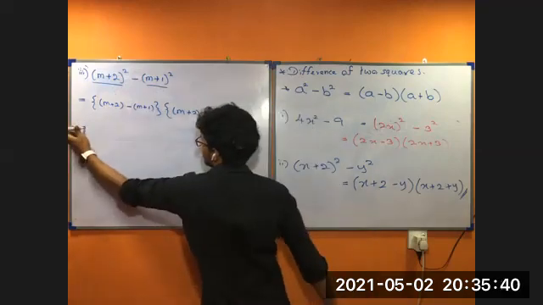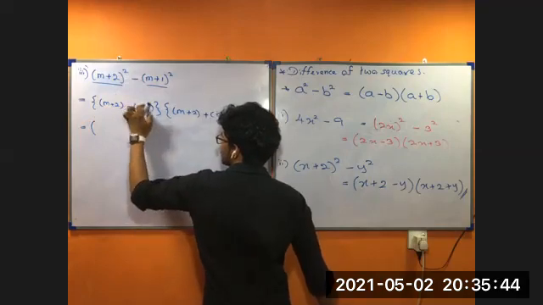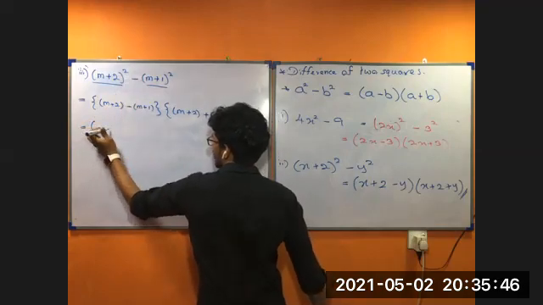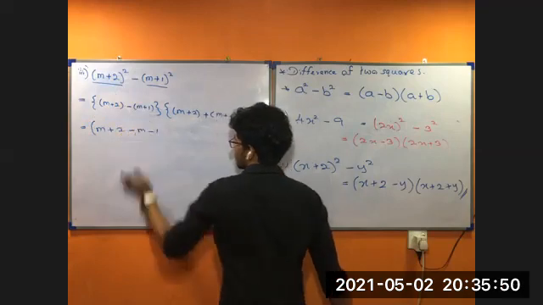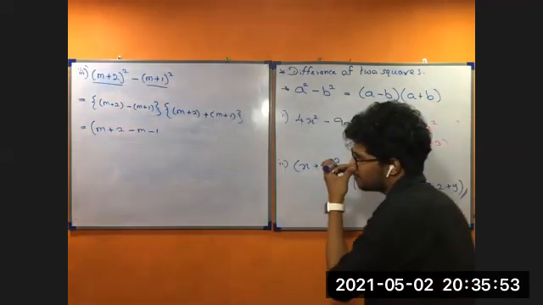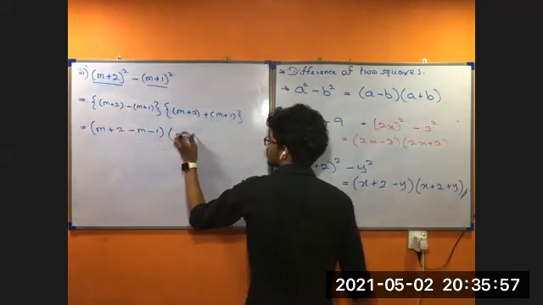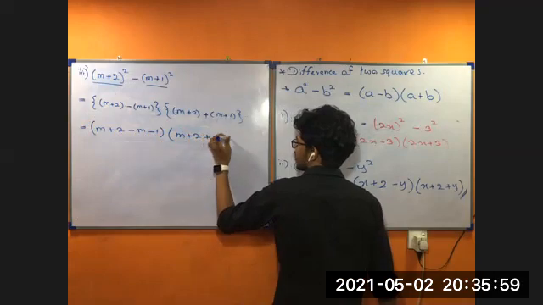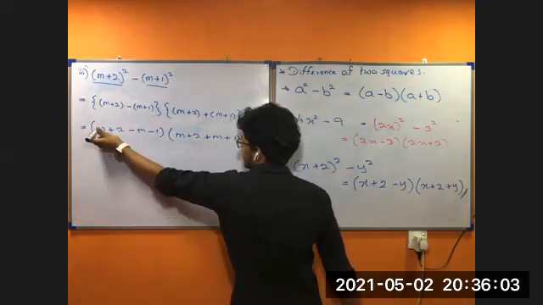So now simplify. You can remove the brackets, right? So minus will go inside. So it is going to be m plus 2 minus m minus 1. Here it is going to be m plus 2 plus m plus 1. So m minus m is going to be cancelled off, right?